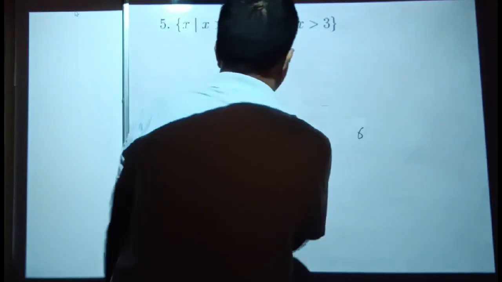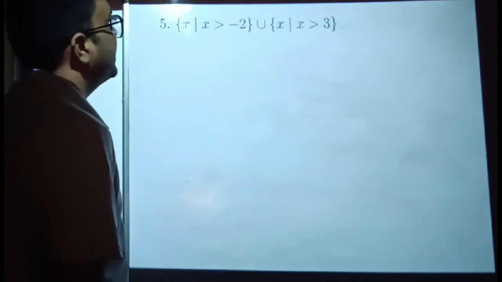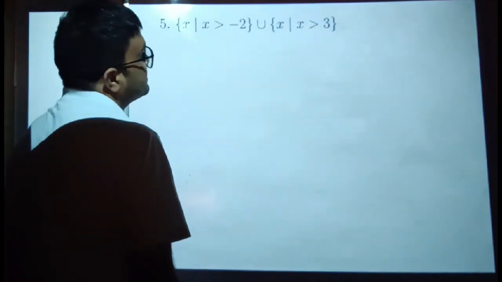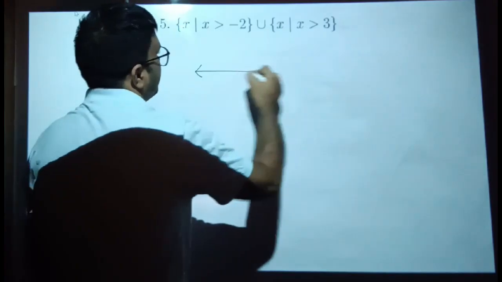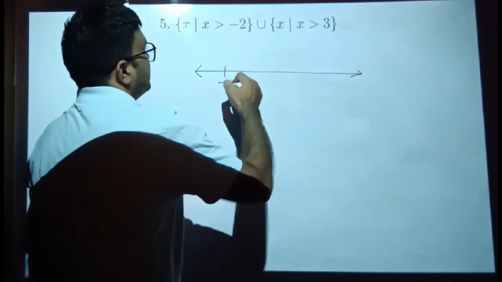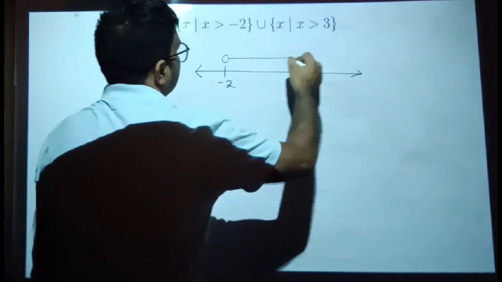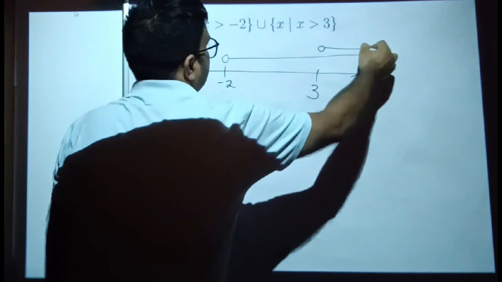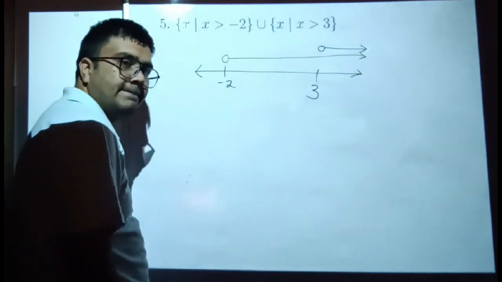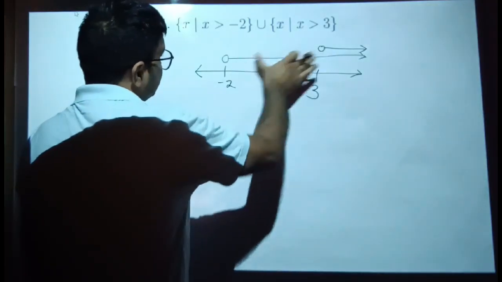Next, x is greater than -2 union x is greater than 3. Now we have union over here. This is -2, this is 3. x is greater than -2, x is greater than 3. This is the region we are talking about. What is the region both these cover?